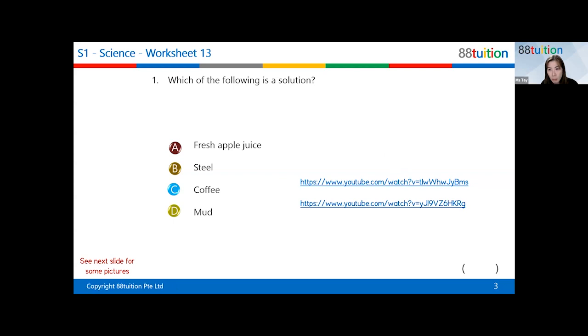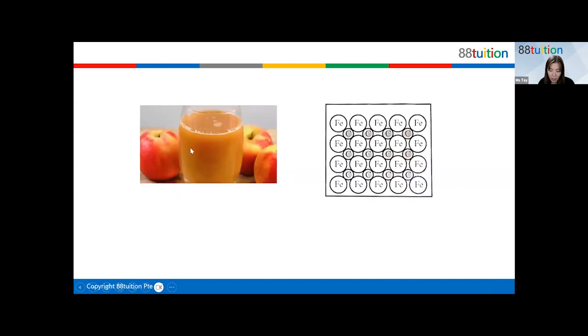I can show you a diagram, or a picture, later. Now, when we talk about fresh apple juice, it is juice that we squeeze or blend freshly. If you take a look at my picture here, are you able to see that there is actually some flesh of the apple inside?